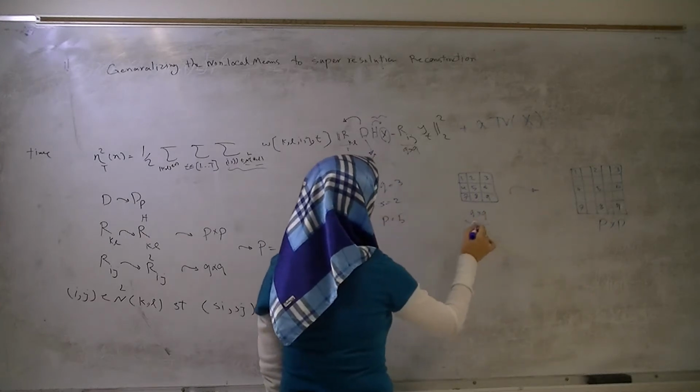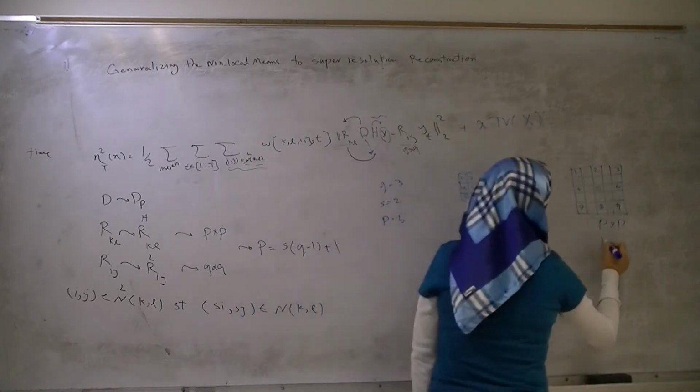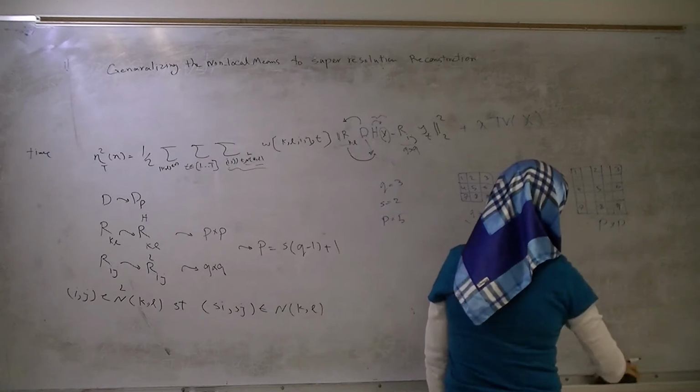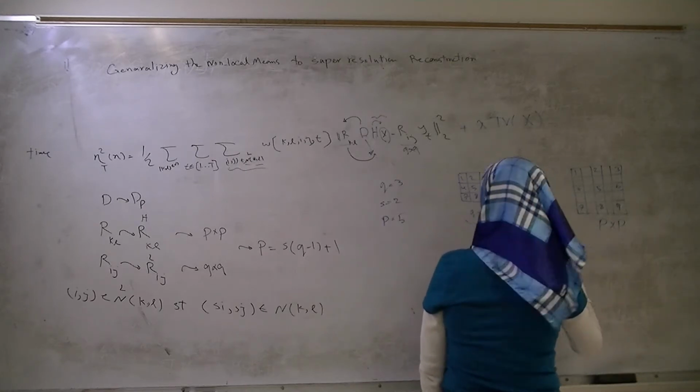If this one is Q by Q, now it's Q by Q in the high resolution, I mean, you should just extract the 5 by 5.